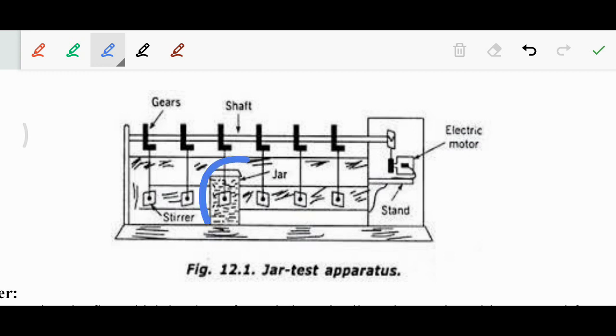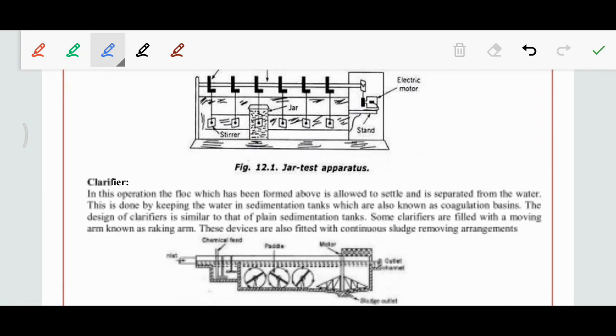Whichever beaker or jar number, let's say the third, has more flocks than the first, second and the rest of the beakers, that is our optimum dose. This is how we test and determine the optimum dosage.